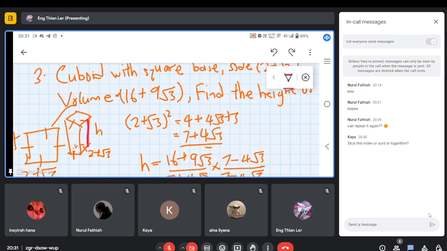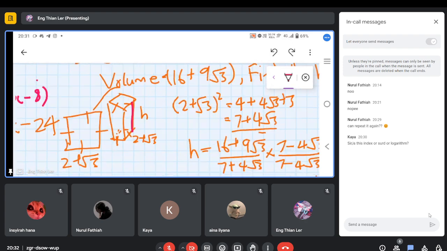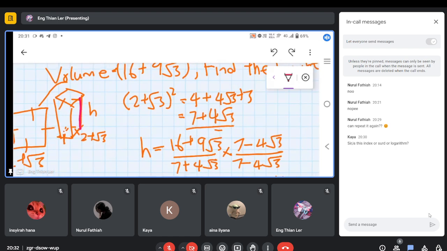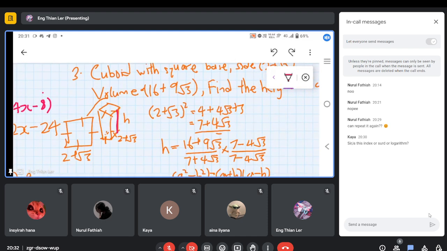So it's equal to the cross-section area multiplied by the height. But now we already have the area by squaring the 2 plus √3. This is indices or surds of logarithm. This is the third question.